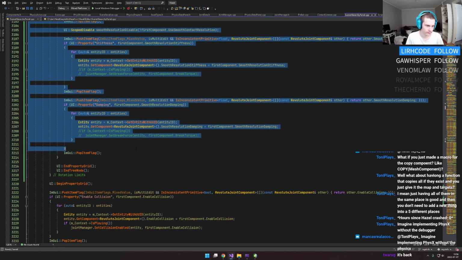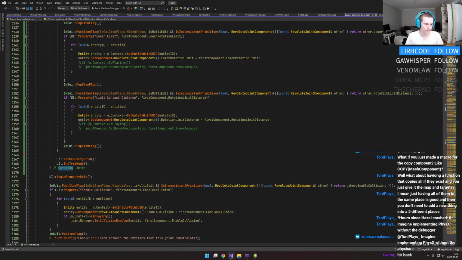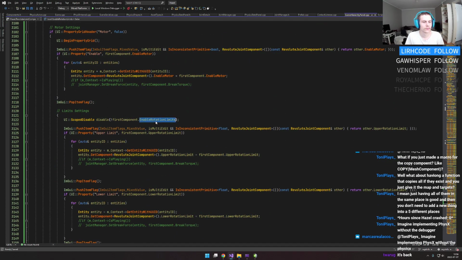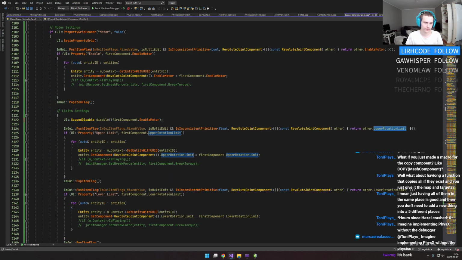Get rid of that. Motor settings. And then we want the target velocity.